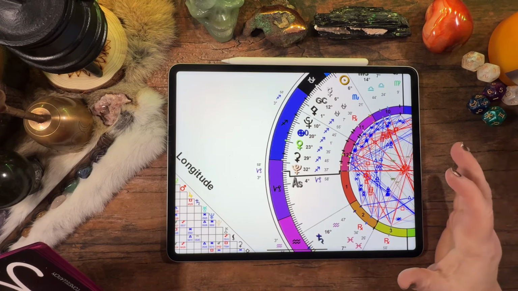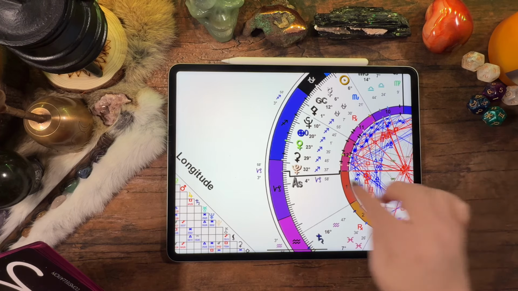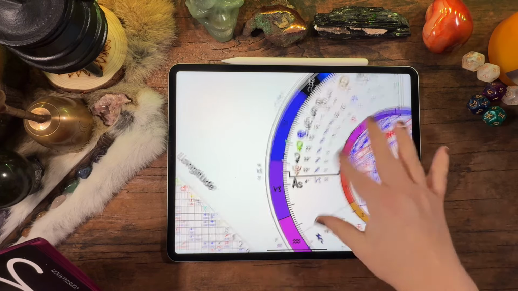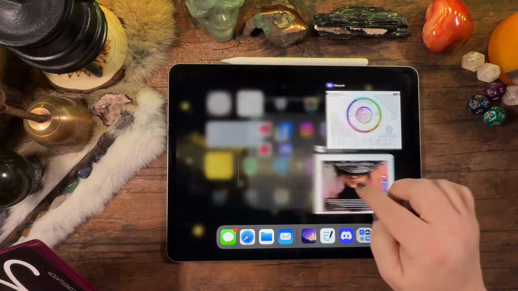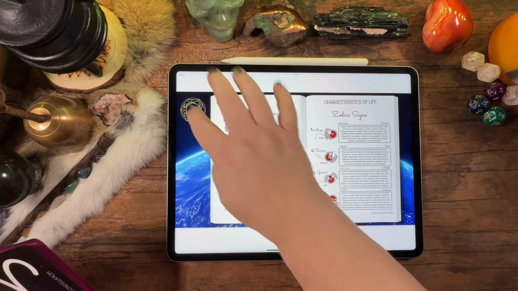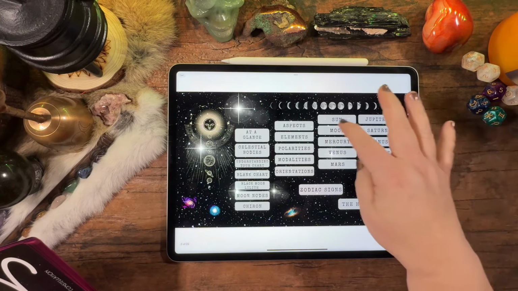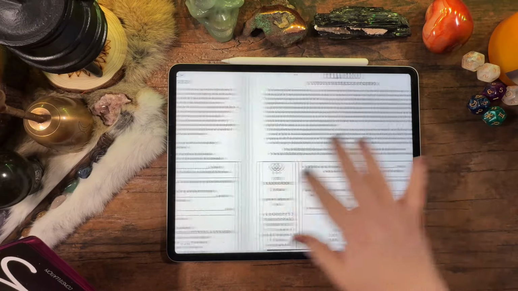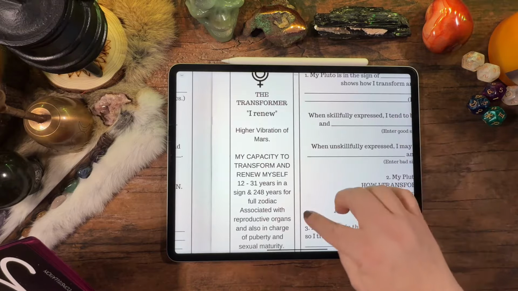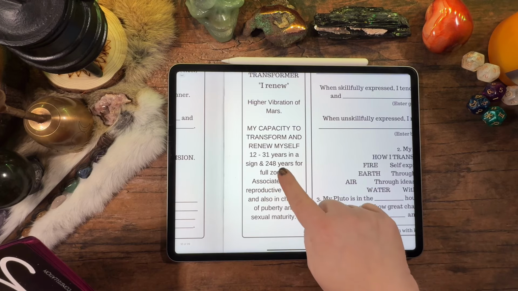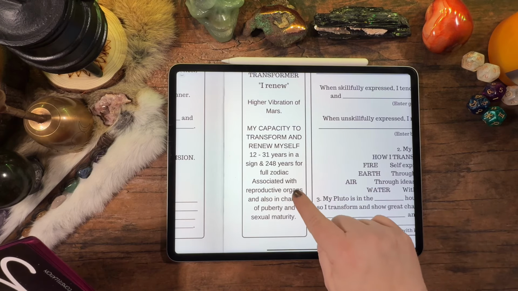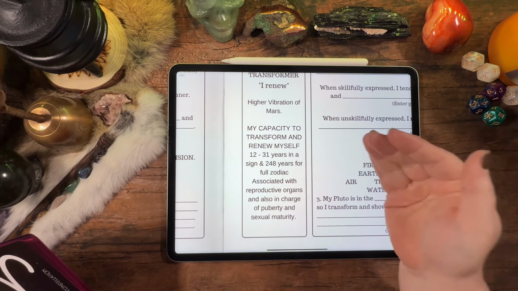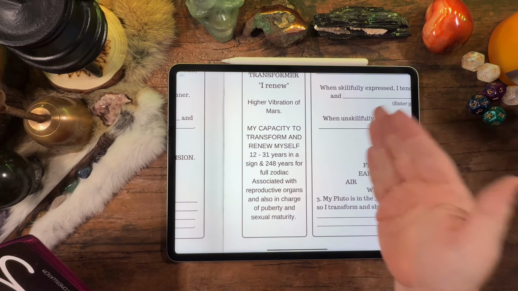It's going to remain in Capricorn for quite a few years, because Pluto is the furthest out, so its rotation is much longer. So if we look, Pluto is every 12 to 31 years in a sign. This was based off of Western astrology, which considers each sign at 30 degrees.